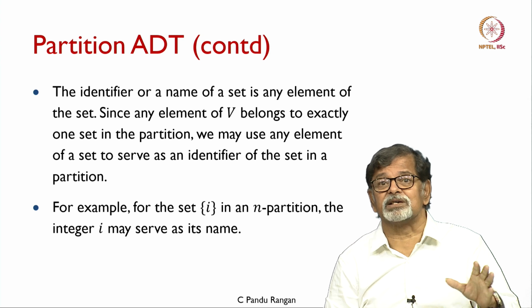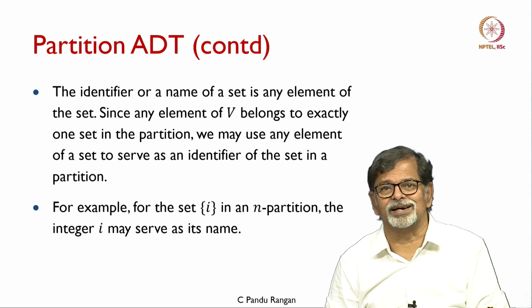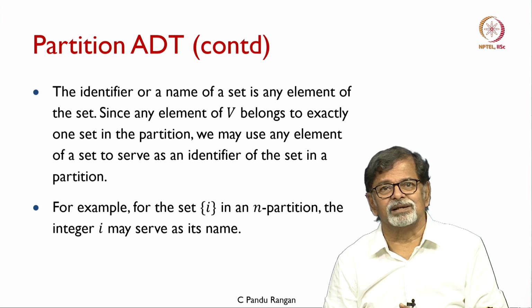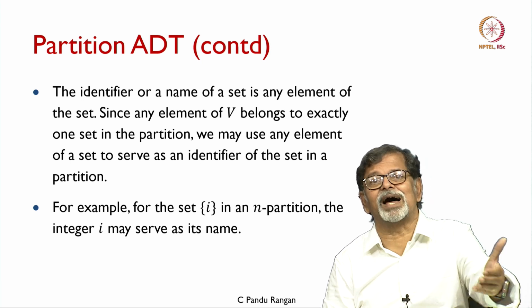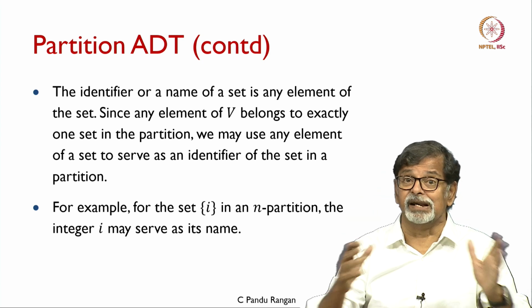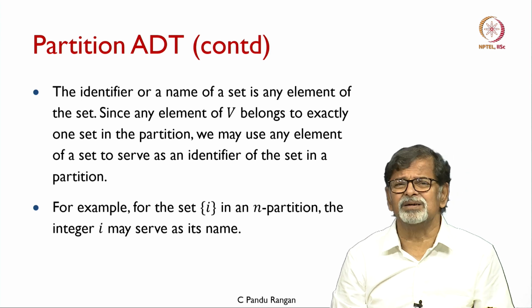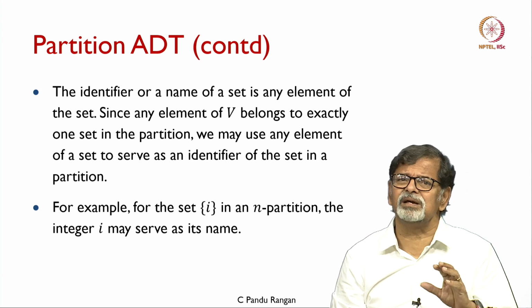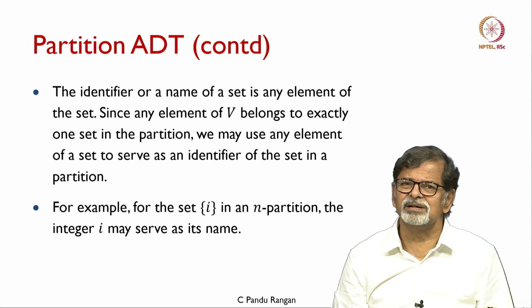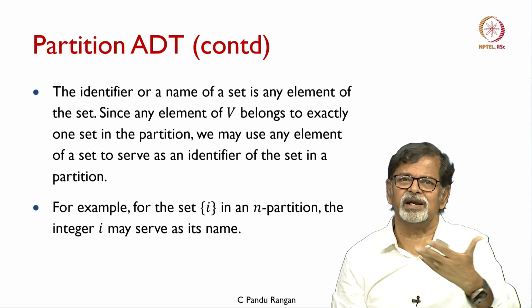We are going to name a set by the minimum number contained in that set. In fact, we may use any element, because this is a partition. To begin with, we will identify the minimum element in the set to act as the name for the set.